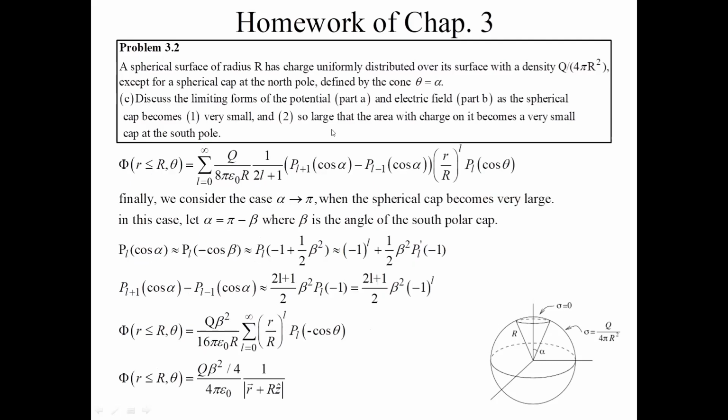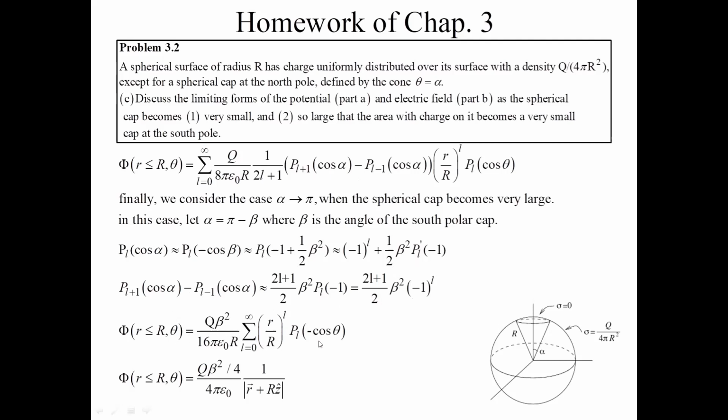And also we consider the second condition, which is alpha very close to pi. Here we just let alpha equal pi minus beta, where beta is a very, very small angle. By a similar process, we substitute these two polynomials, replace this by this term, and put it back into our potential.